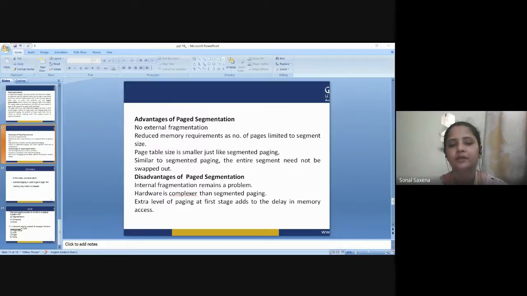Then n squared will be greater than or equal to 16K, and n squared is greater than or equal to 2^14. After this, n will be greater than or equal to 2^7. Thus the minimum page size possible is 2^7 bytes, which equals 128 bytes.